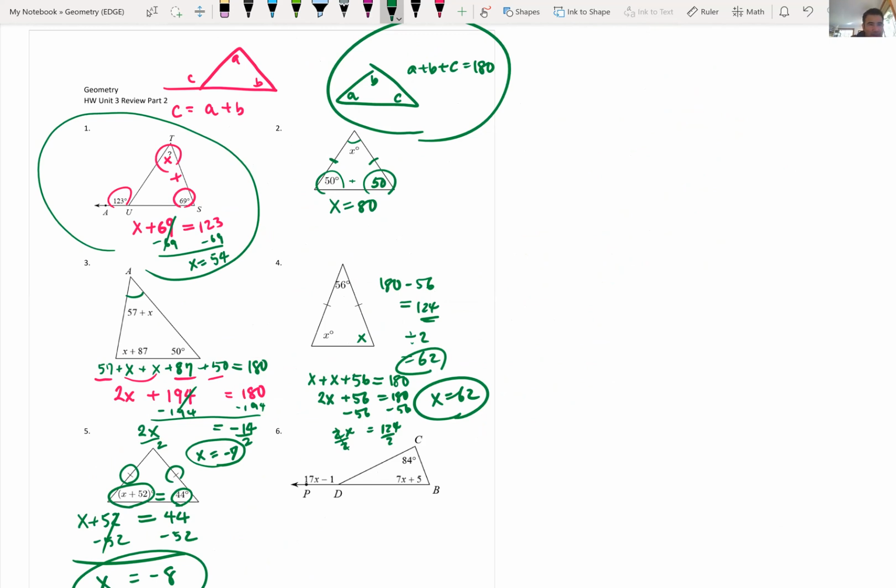Now, number one, we used this exterior angle theorem. A plus B is equal to, this is C. Exterior angle C is equal to A plus B. Can we apply that? Give me the equation. How would you set it up? You can do it.